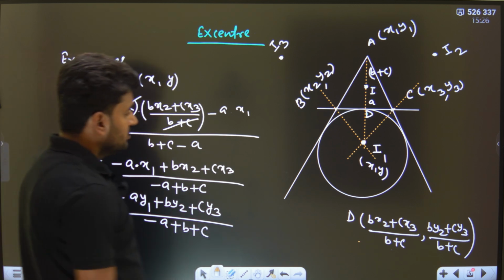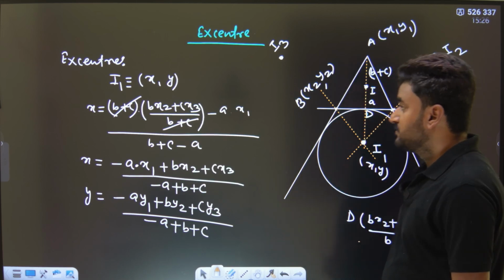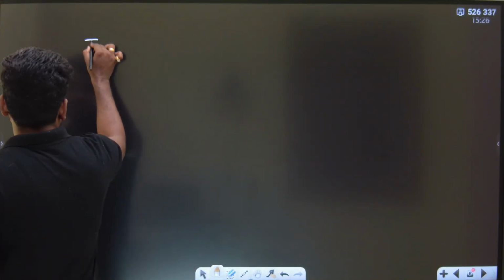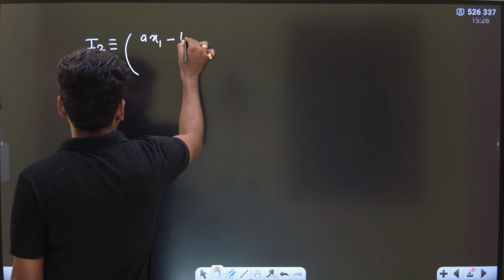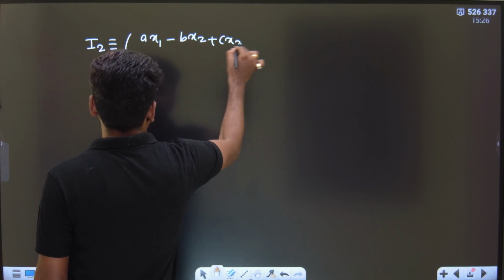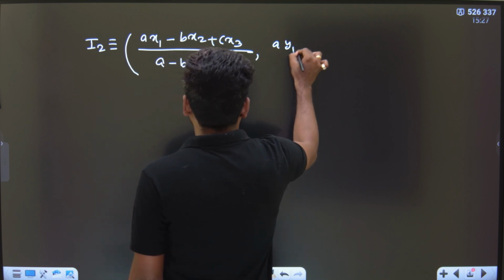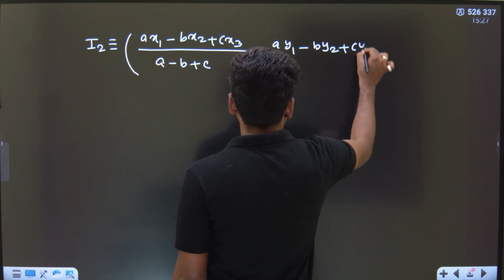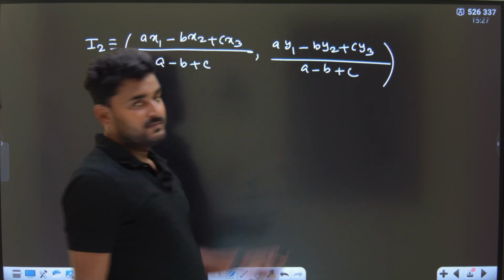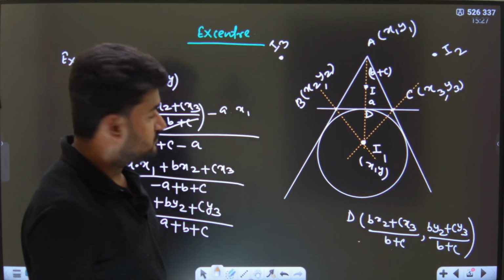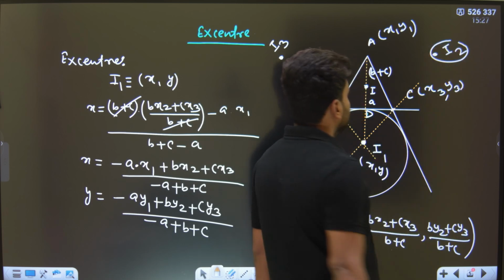So now I got the first Excentre I1, and if you want to find this I2, you will get I2 equals (Ax1 minus Bx2 plus Cx3) whole upon (A minus B plus C), and (Ay1 minus By2 plus Cy3) whole upon (A minus B plus C). This will be our second Excentre. Understand how to get it?